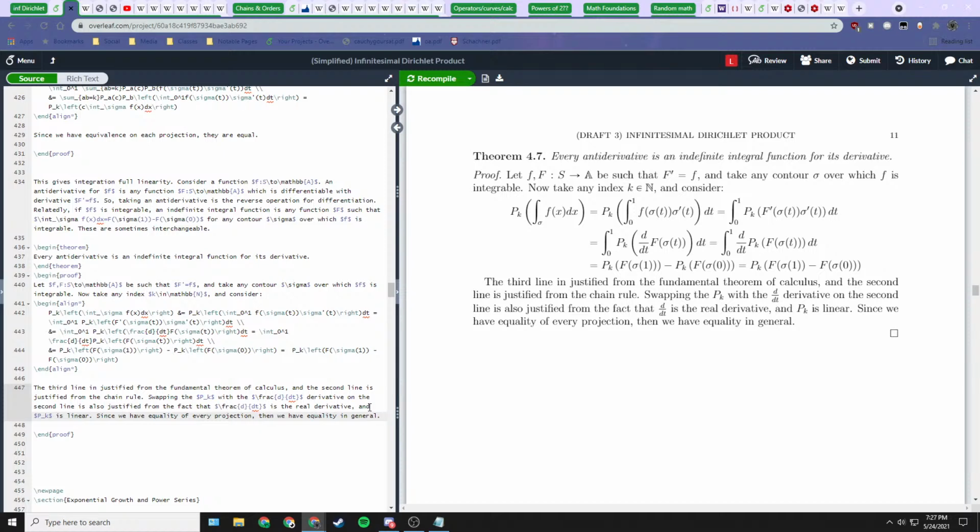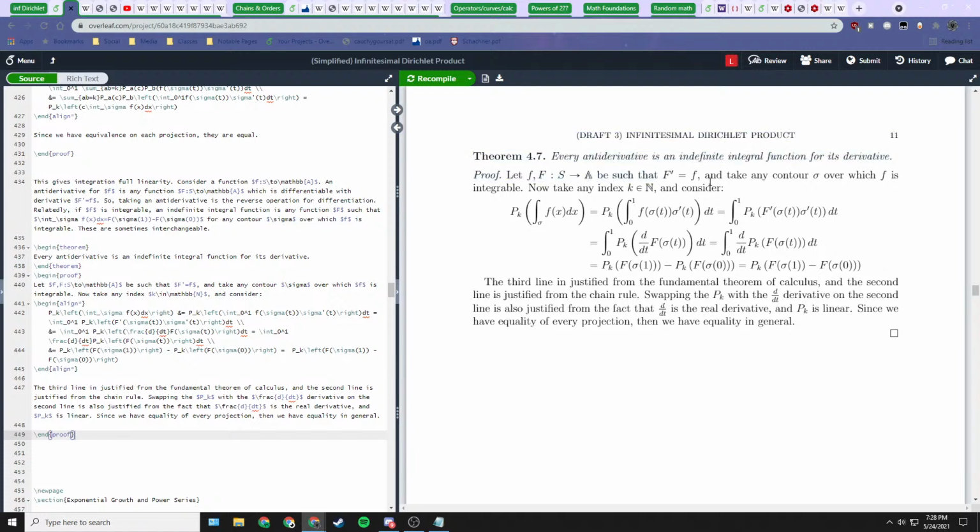Every antiderivative is also an indefinite integral function. This does not prove necessarily that every indefinite integral function is an antiderivative, which is sort of what we want. That's another thing that would be very interesting to have. It doesn't generally work, actually. It depends on the domain. So here, we've proven this without any considerations for the domain S. It doesn't actually matter what S is.